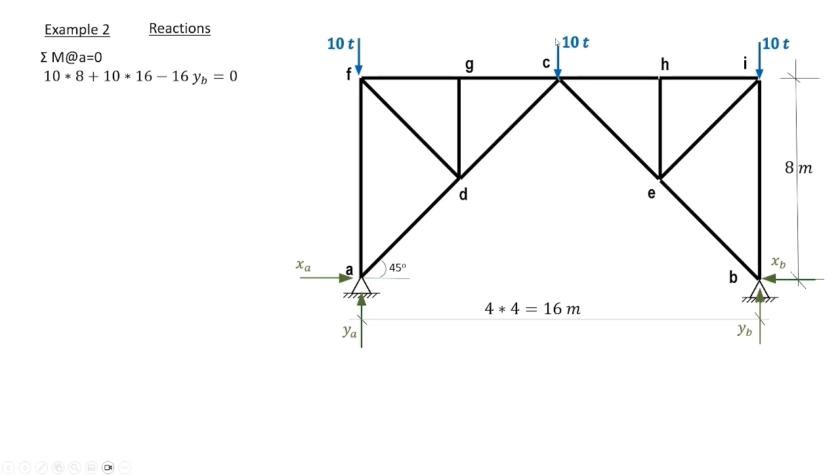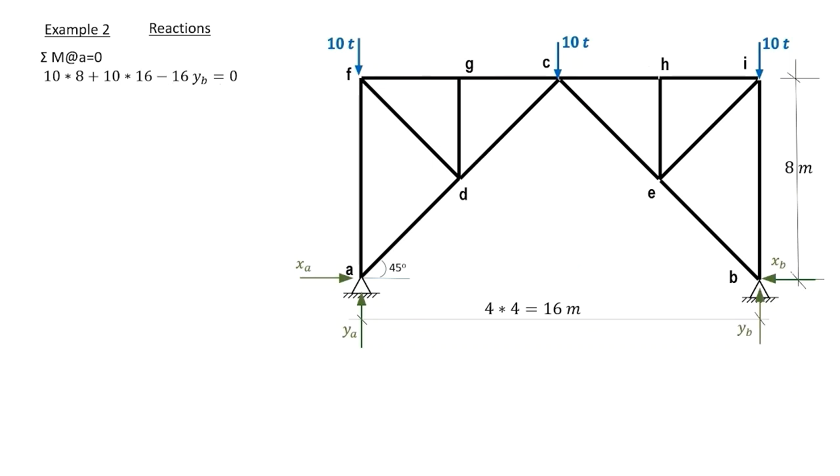Now we have 10 tons multiplied by 8 and 10 tons multiplied by 16, and YB rotating in an opposite sense. The arm from YB to A is 16, minus YB times 16 equals 0.